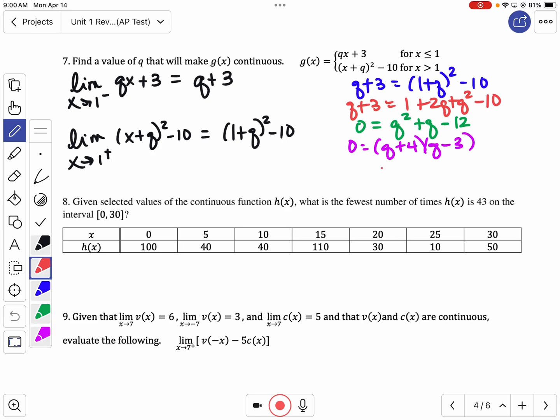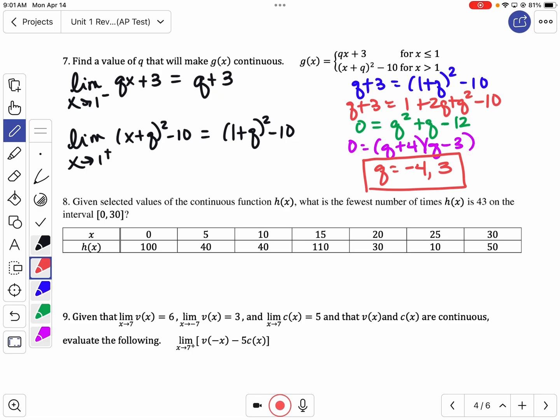And so what values of q would work? So solving a quadratic on that one, it's a little bit of algebra. The main part is understanding if those limits are not equal, it cannot be continuous. So that's where that comes from.